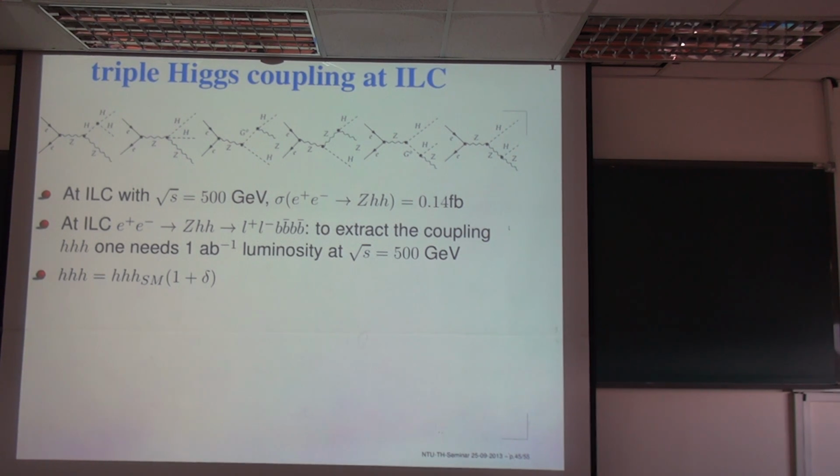At 500 GeV, this one is larger. But if you go to 800 GeV, the WW is larger than this one. So at high energy, WW is much more preferred. So that's why WW fusion is more preferred to measure the cubic coupling.